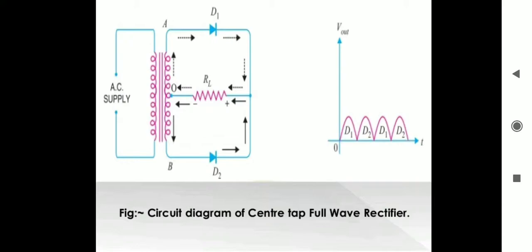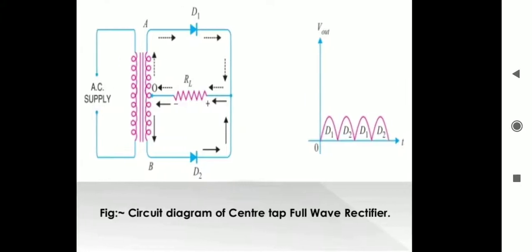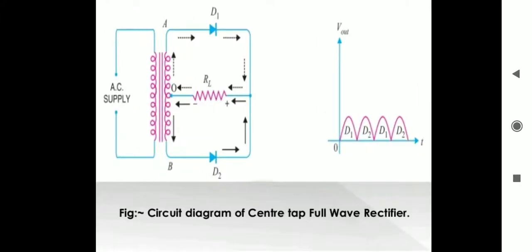This will lead to forward bias in diode D2 and cause current to flow through it. During this time, diode D1 is in reverse bias and will block current. During the positive cycle diode D1 conducts, and during the negative cycle diode D2 conducts, and as a result both half cycles are allowed to pass through.